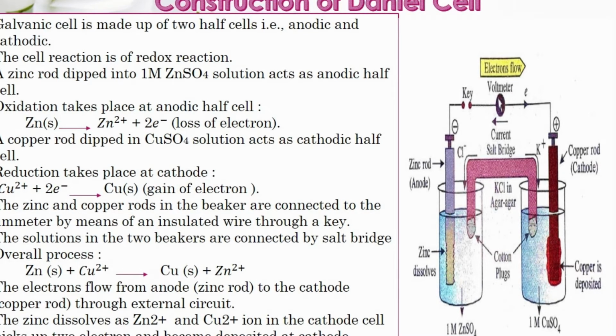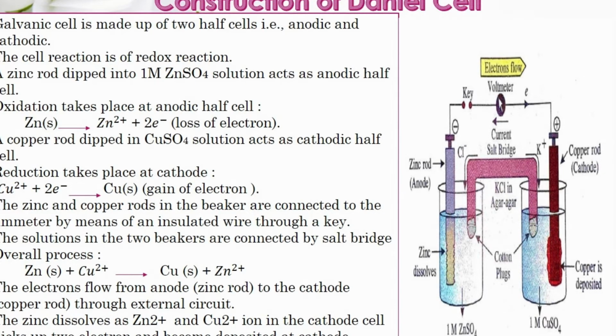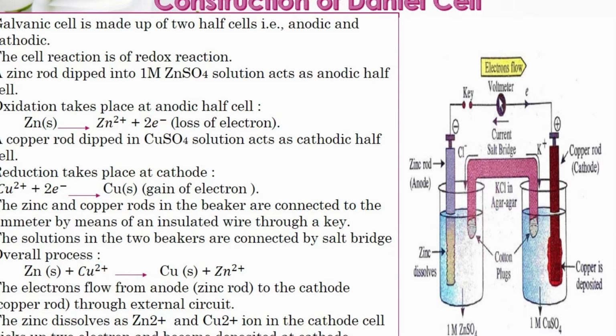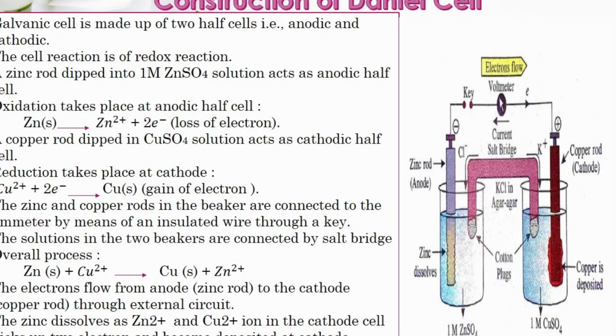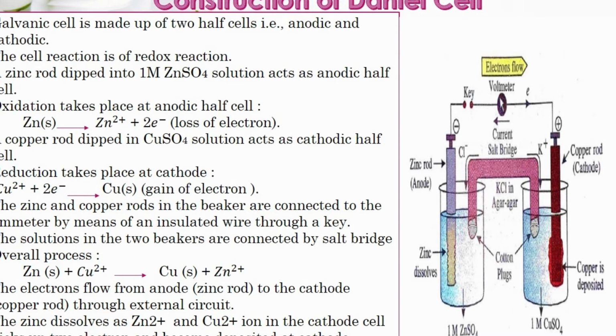So the electrons are moving from the zinc rod to the copper rod. We consider the zinc rod as the negative terminal while the copper rod is considered the positive terminal. So we have the flow of electrons from the negative terminal, that is the zinc rod, to the positive terminal, that is the copper rod.